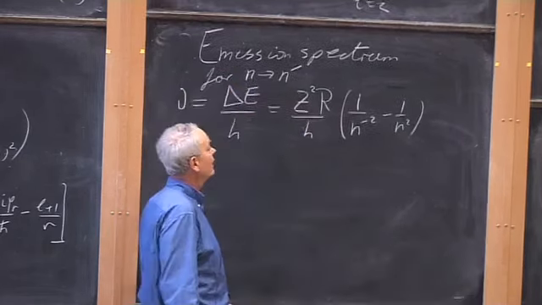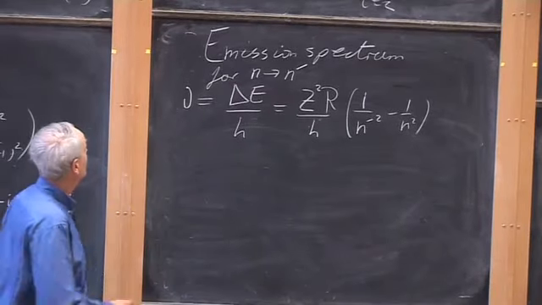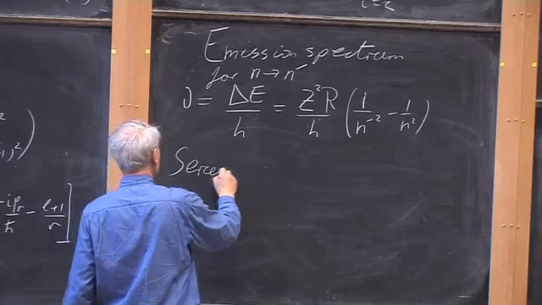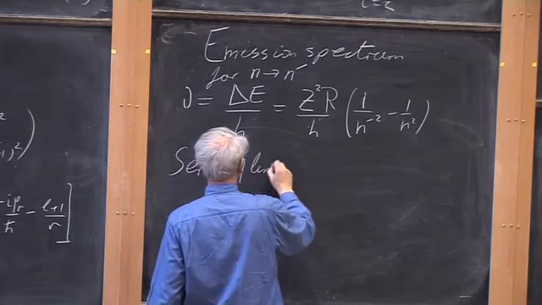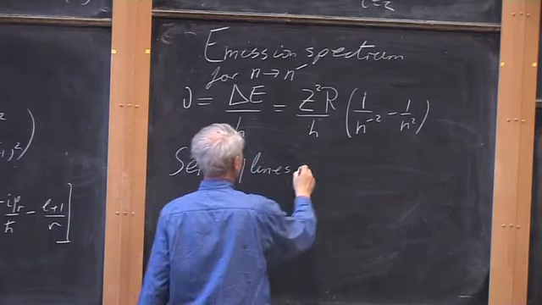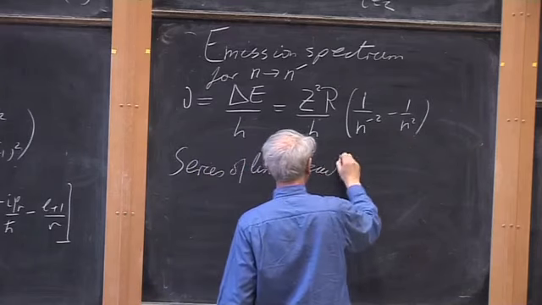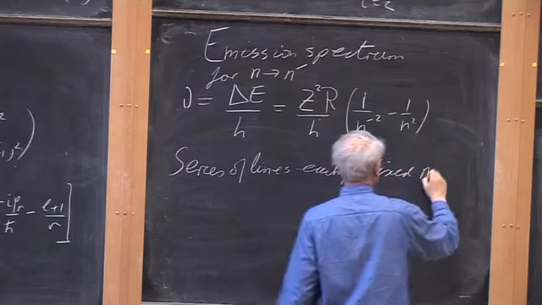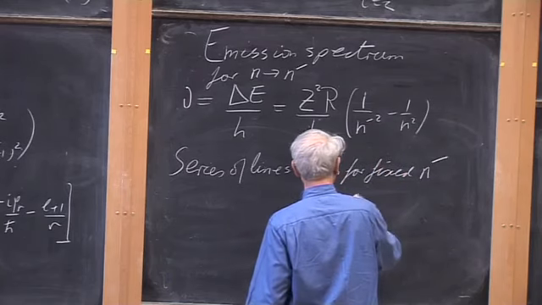So that gives you some frequency. And what we have is a series of lines, or the way we think about this is that we have a series of lines, each for fixed n prime, i.e. bottom level.